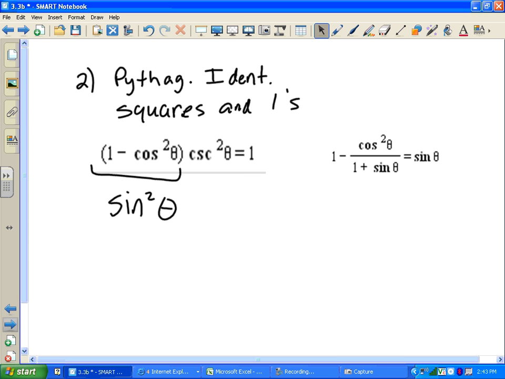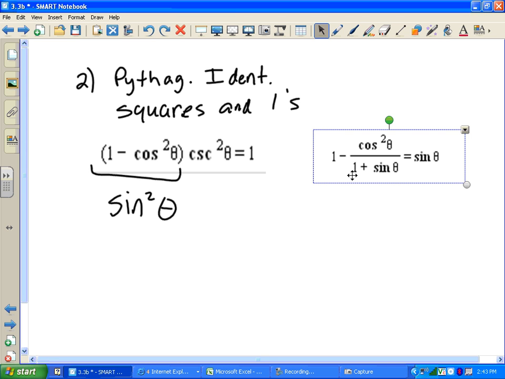All right, on the second problem, notice I've got 1 plus sine theta, but that doesn't say 1 plus sine squared theta. I do see some ones there, so that kind of helps me.